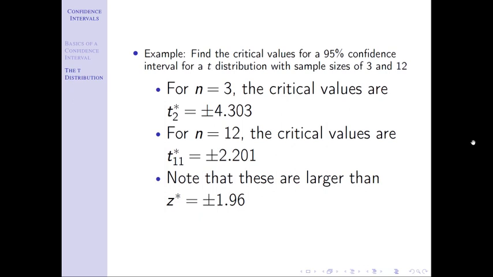You say, wait a minute, that's kind of confusing. Why do we want a larger critical value? What does it matter? Well, if we go back to the idea that we talked about at the start of this, which is we use the t when we have data from a population with an unknown standard deviation. The idea is we don't know something. There's more uncertainty there.